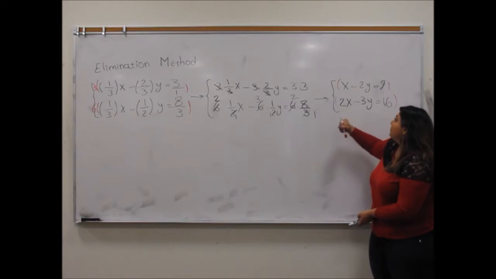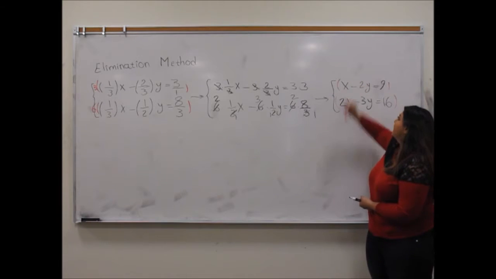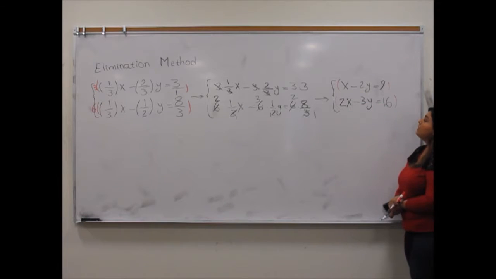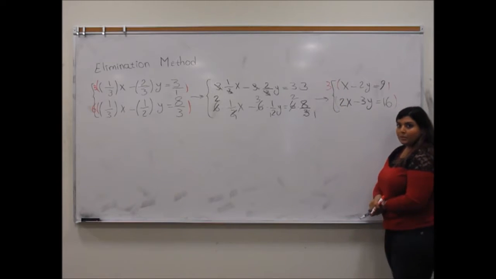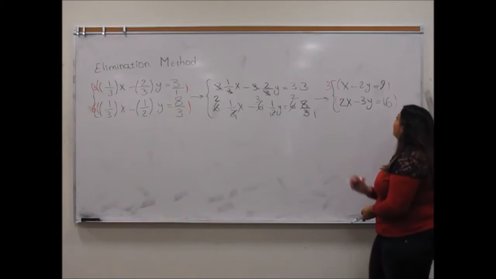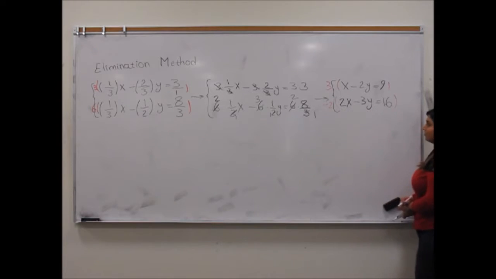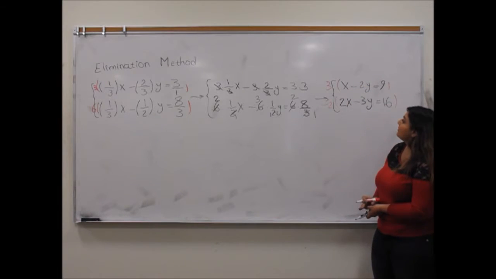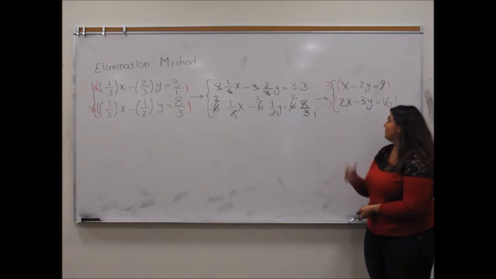I'm going to choose to have the first one be negative 6y and the second one be positive 6y. In order to make negative 2y, negative 6y, I just have to multiply by 3. In order to make negative 3y 6y, I have to multiply it by a negative 2. So remember, signs should be positive since they were both negative, so I had to multiply one of them by a negative number to make them opposites.